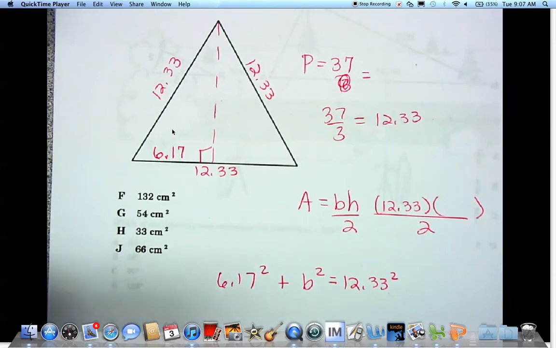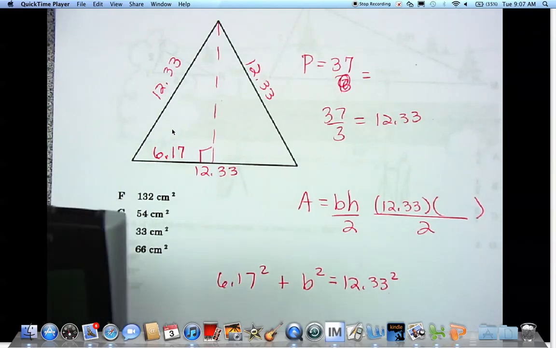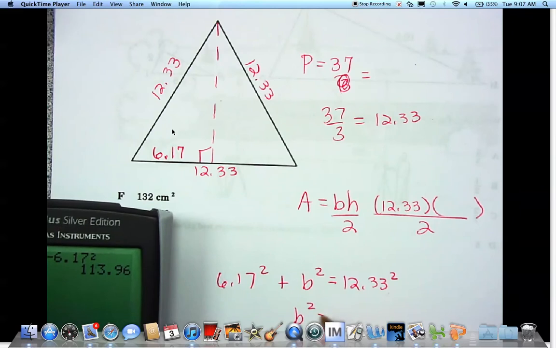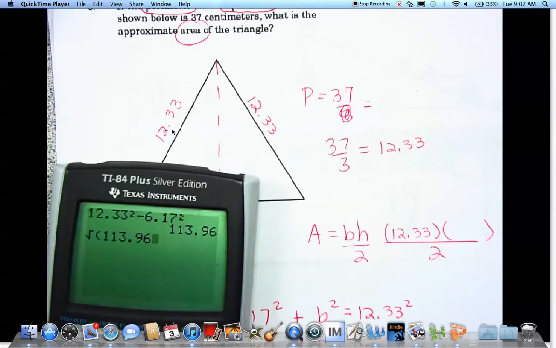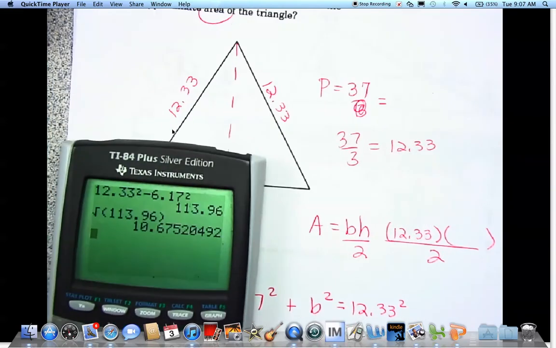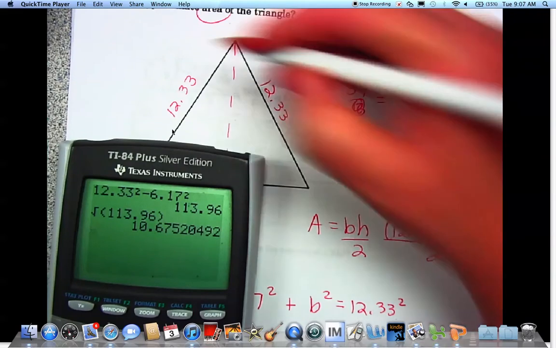The other 2 sides are legs. So b squared equals 113.96, and then do the square root. 10.68. Yep, 10.68. So that's your height.